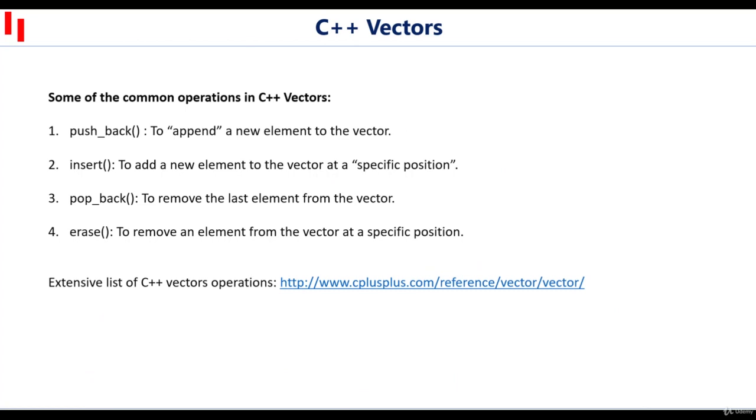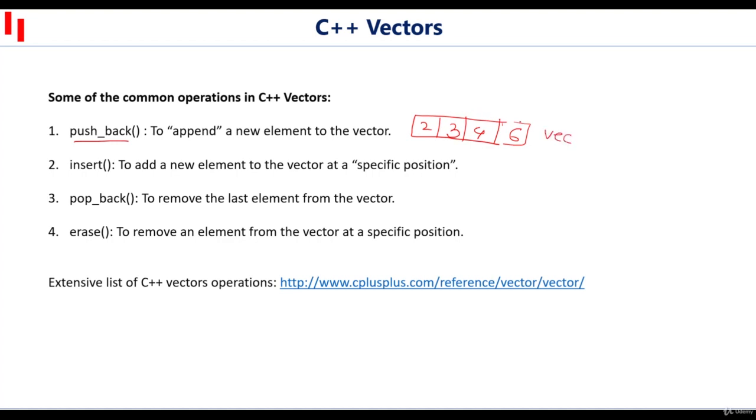Here are some of the common operations that are available in C++ vectors. The first one is the push_back operation, which is used to append a new element to the vector. That is, if I already have a vector, let's say 3, 2, 3, 4, and I want to add a new integer 6, I can do this by using the push_back function.